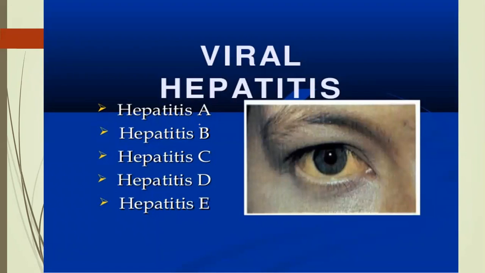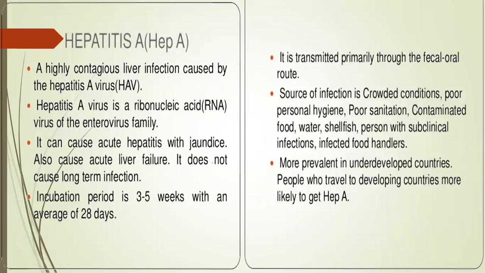So we can see here hepatitis A, B, C, D, and E. They all are viral hepatitis. Hepatitis A is a very contagious liver infection that can be caused by hepatitis A virus, called HAV. That virus has ribonucleic acid, it is an RNA virus, and we can say it belongs to the enterovirus family.